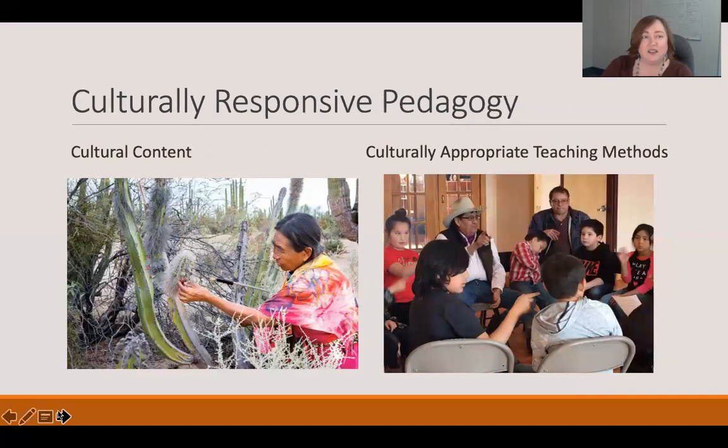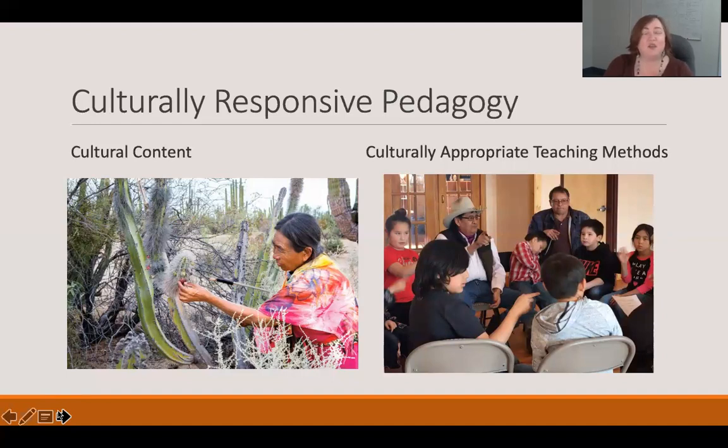Next slide. Thank you. So this is an example. On the left, we see somebody who's engaged in traditional harvesting. That's the kind of thing that you could do with traditional ecological knowledge. You could incorporate that, going on field trips, using the language in the wild, right?